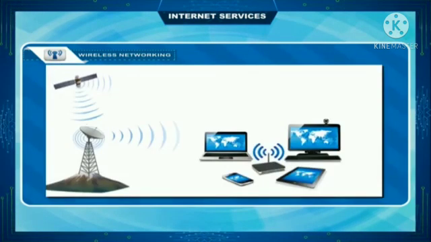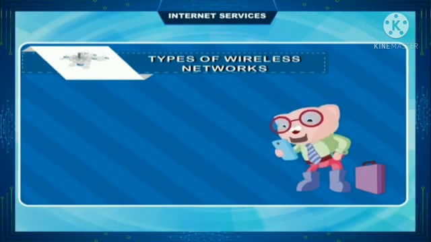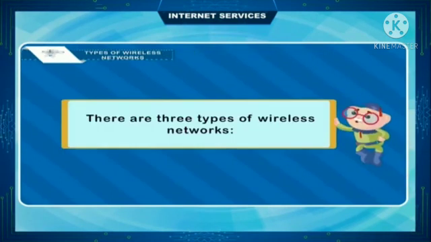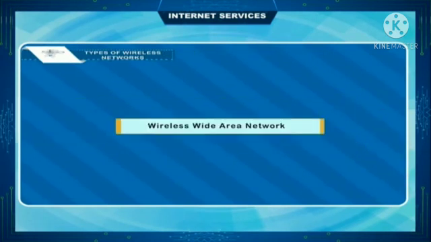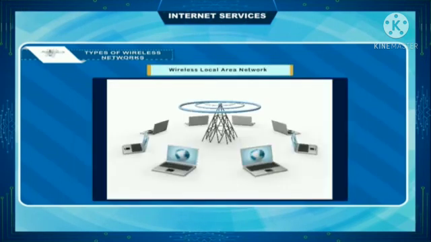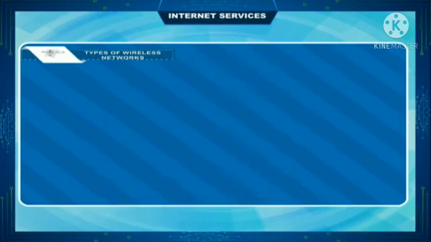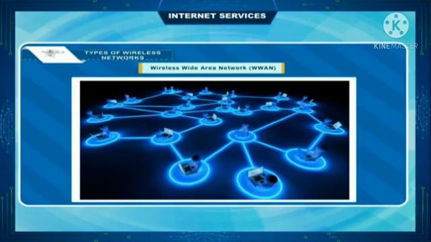Wireless media is also known as unguided media. Types of wireless networks. There are three types of wireless networks: wireless wide area network, wireless local area network, wireless personal area network.